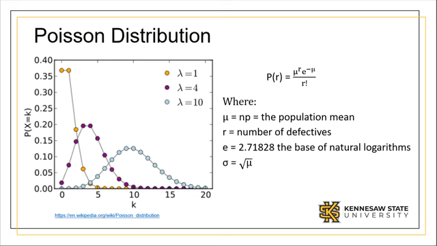As mentioned earlier, Poisson can be approximated to the binomial when success rate is less than 0.1 and the sample size is large. The mean is just the product of the sample size and success rate. However, standard deviation is the square root of the mean.